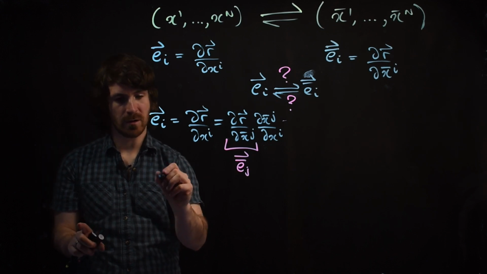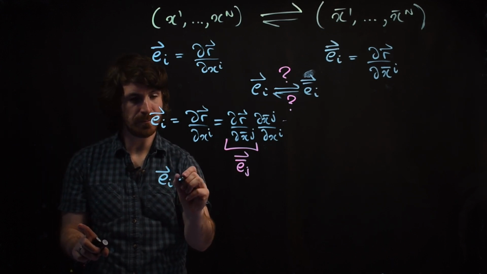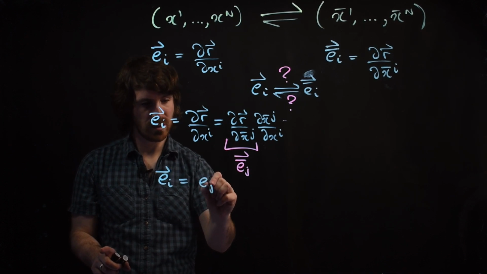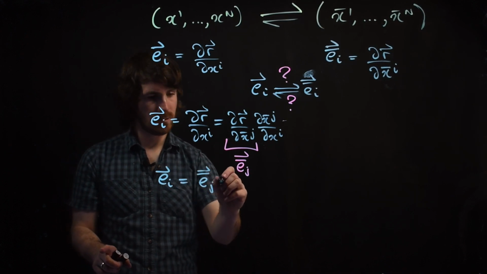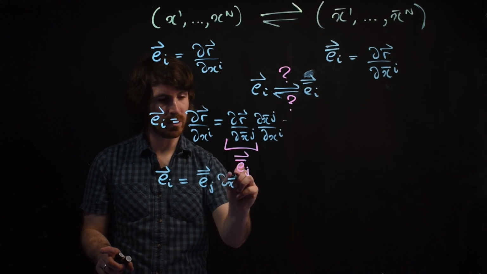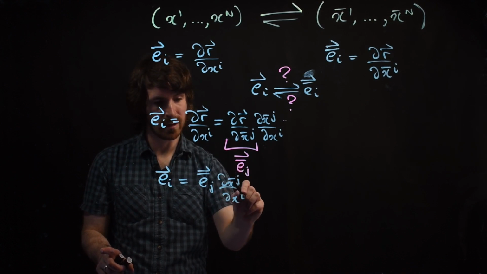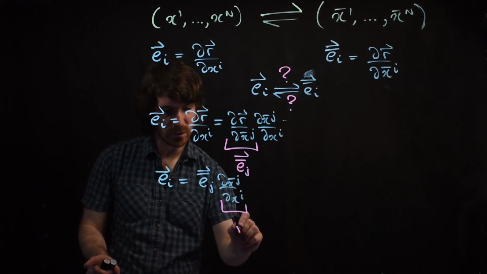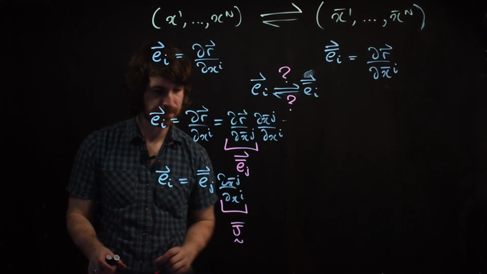So we find that our natural basis vector in the unbarred system is given by e j bar times dx bar j by dx i.